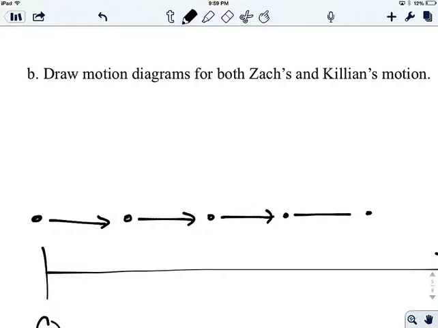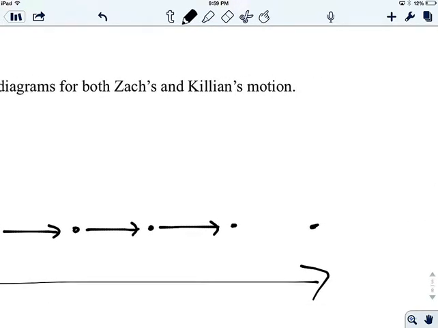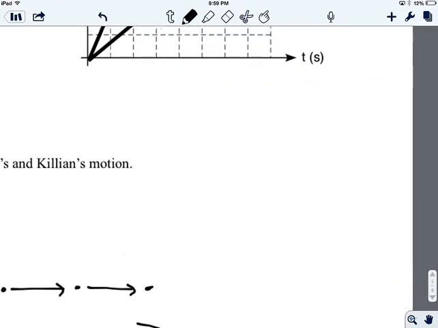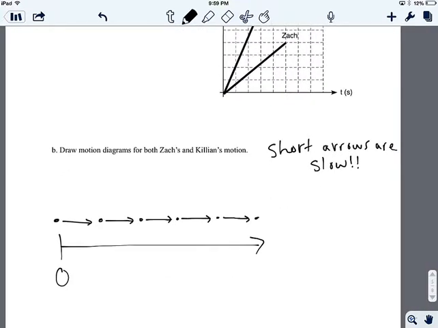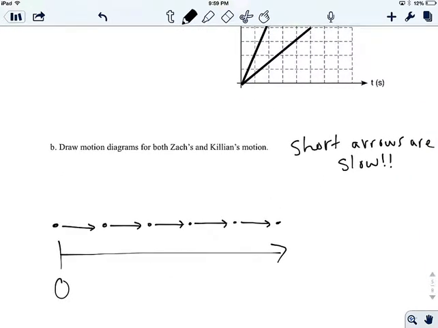Remember, short arrows are slow. Let's write that over here. Short arrows are slow. Okay, so that's Zach. We'll label that as Zach.